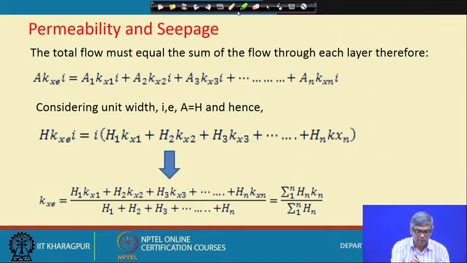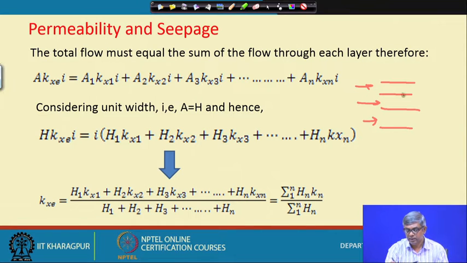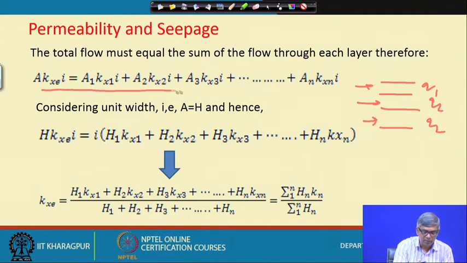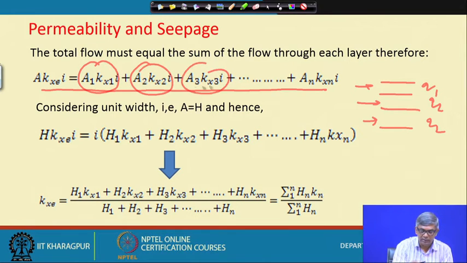Suppose there are a number of layers, flow is taking place like this, and then flow Q1, Q2 plus Q3. When it is parallel, whatever water comes out from this side will be the summation of water flowing through each layer. So, if I consider that, these are the equations for the respective layers, and if I sum them, that should be equal to the equation with equivalent permeability.